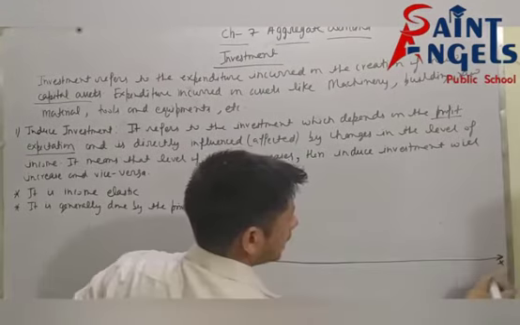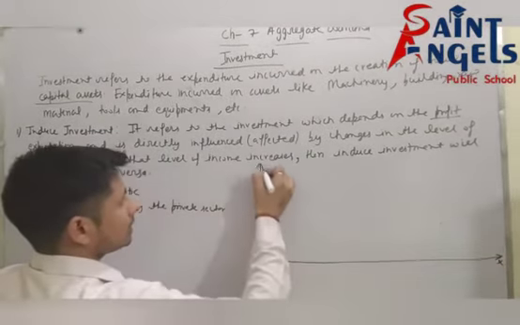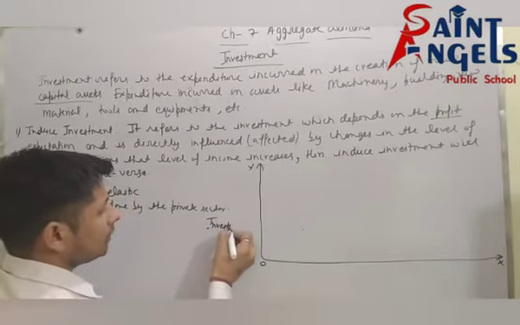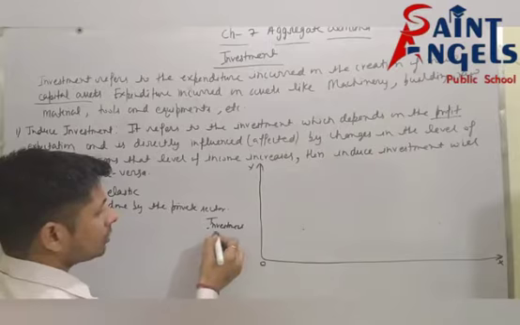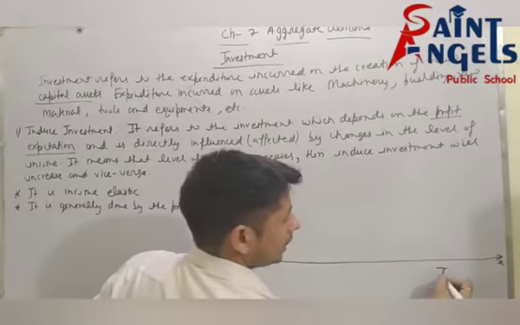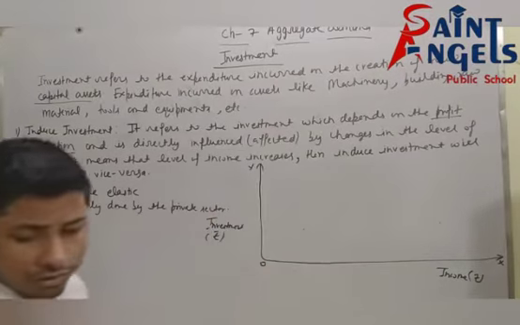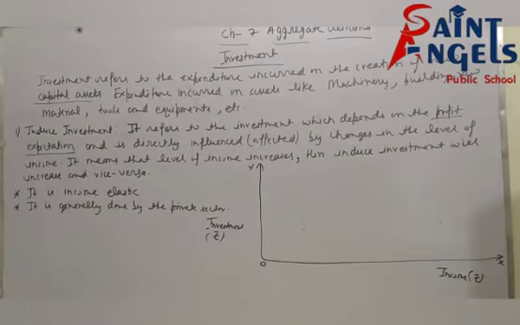See, this is the x-axis. Investment is measured on the y-axis and income is measured on the x-axis. Is it visible or not? Yeah, it is visible.